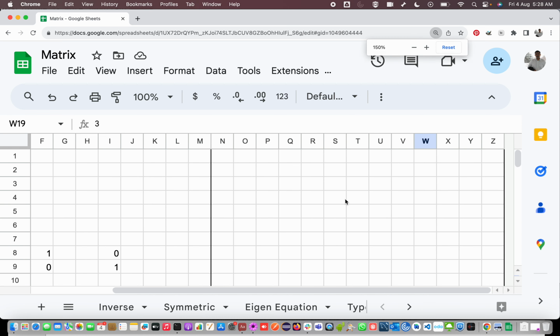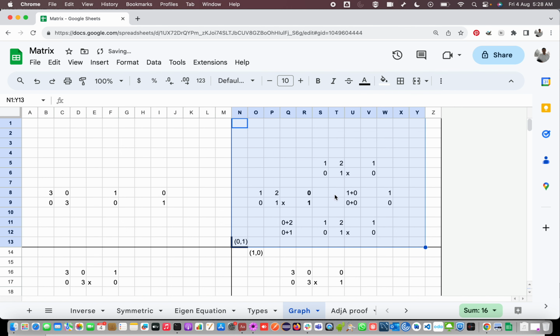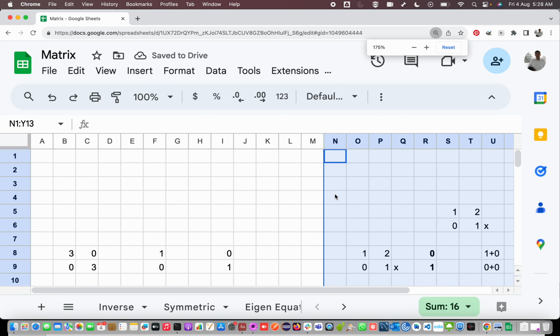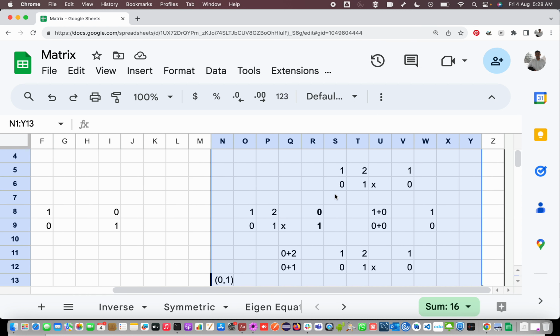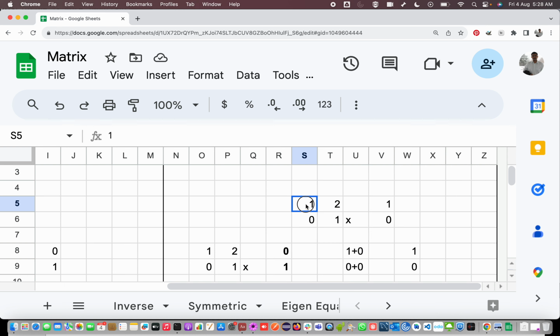I have another example, so I had hidden this as well. Let me show, just a minute. This is another example. My transformation matrix is 1 2 0 1, and this is 1 comma 0.